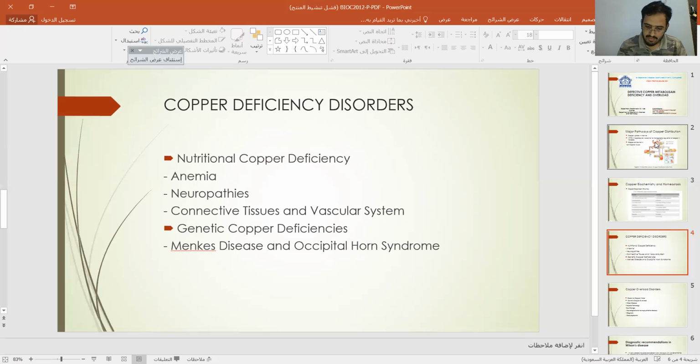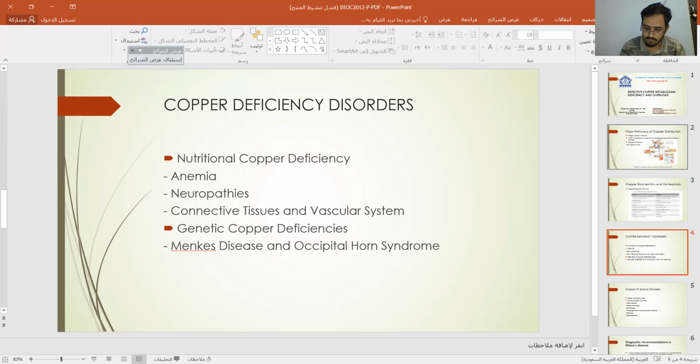Menkes disease and occipital horn syndrome are X-linked recessive disorders. Both are caused by a genetic defect in the copper transporter ATP7A. The clinical features of Menkes disease include severe progressive neurological degeneration, connective tissue abnormalities, muscular hypotonia, and hypopigmentation of skin and hair.